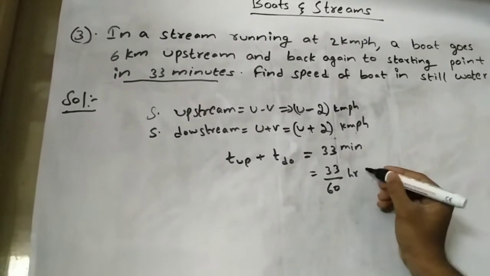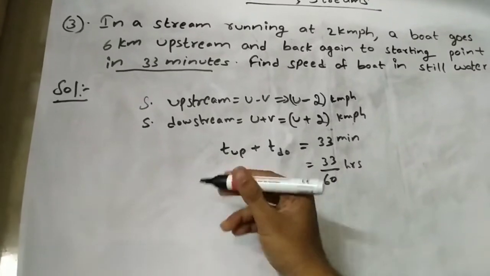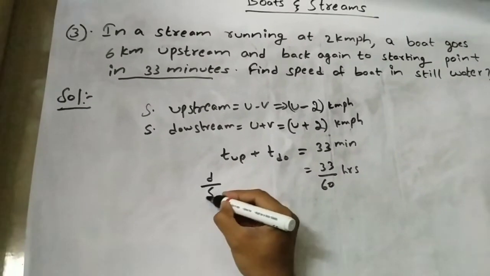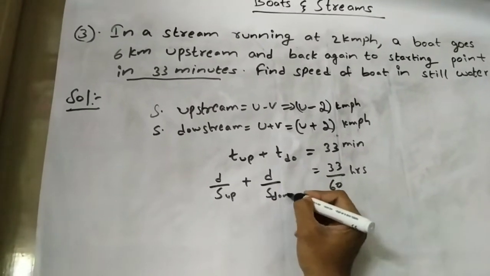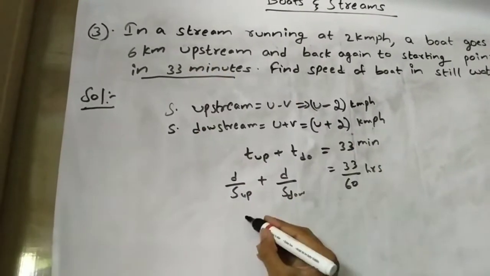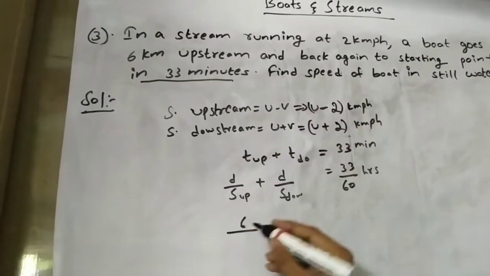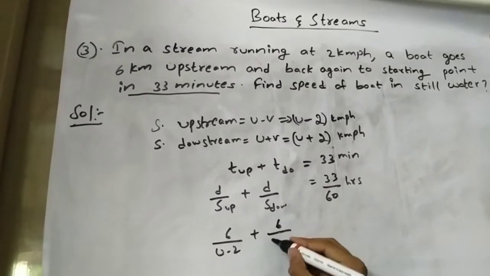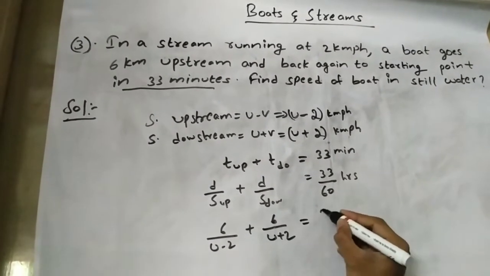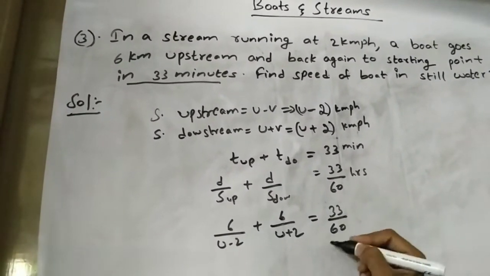Time means distance by speed. Total distance covered each way is 6 kilometers. So 6 by (u minus 2) plus 6 by (u plus 2) is equal to 33 by 60.